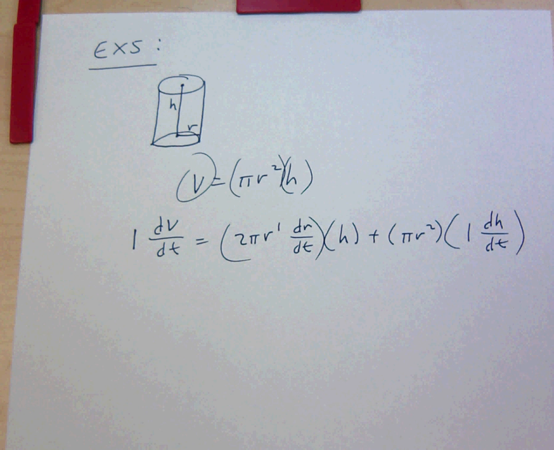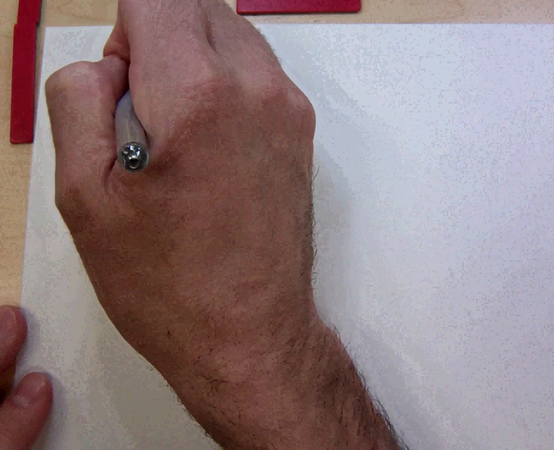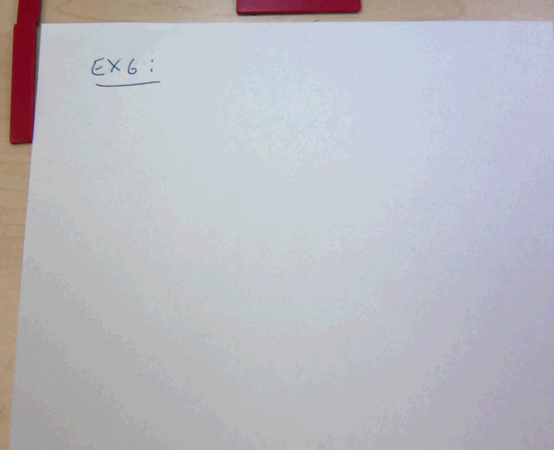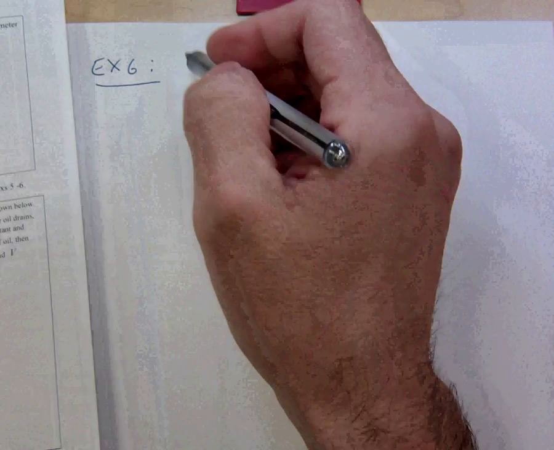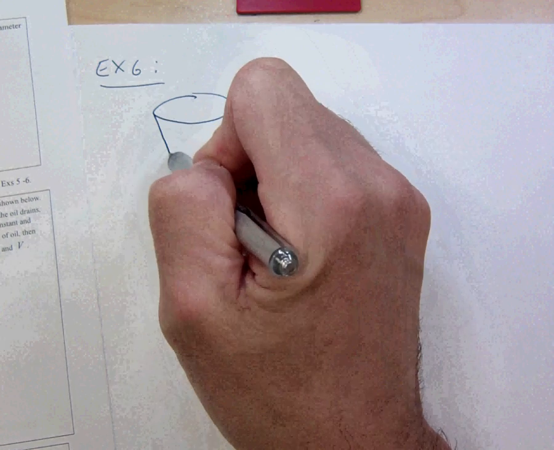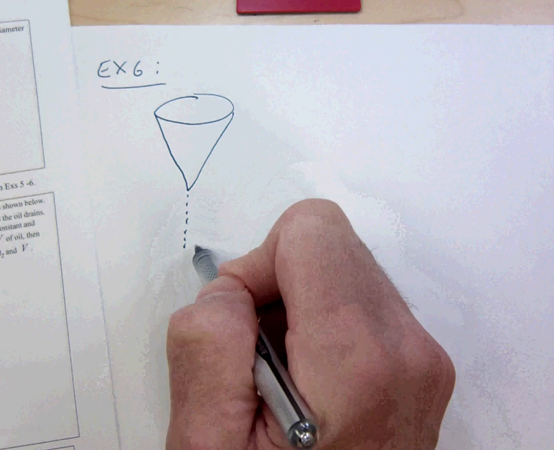Let's look at example 6. All right, so this time, let me draw it a little bit bigger. And the water drips out into here, right?